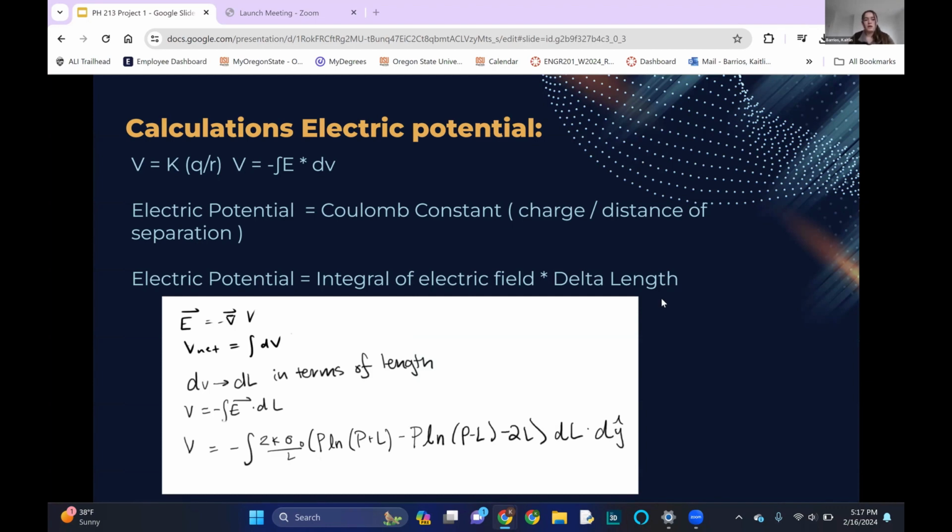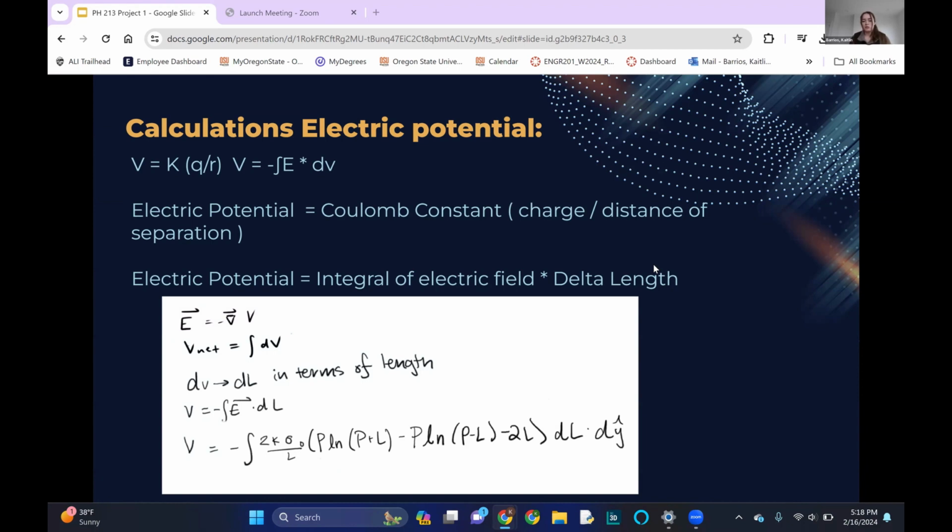All right, so now that we have calculated the electric field, there's other aspects to this, specifically because it is an integrated problem in which we are calculating that electric field along a distance that is arbitrary. And so this brings us to our calculations of electric potential.